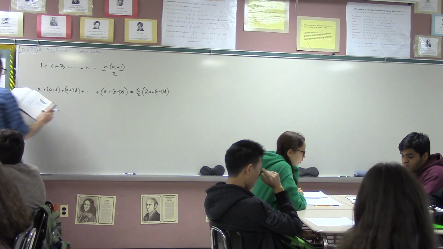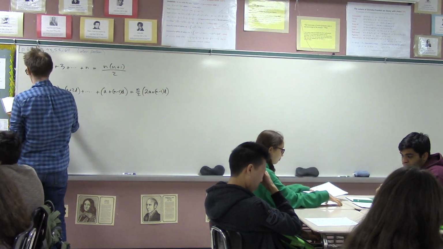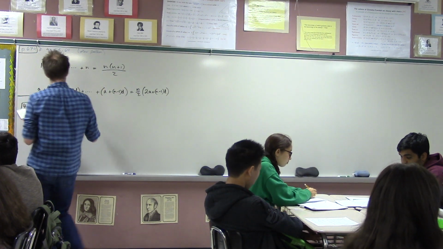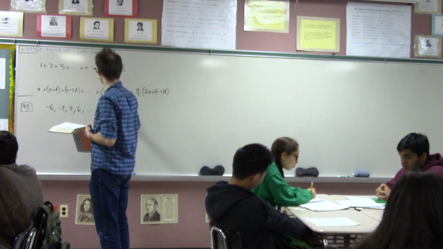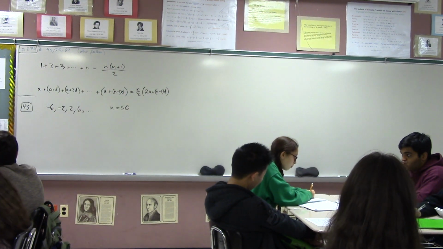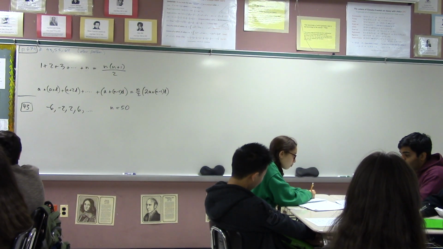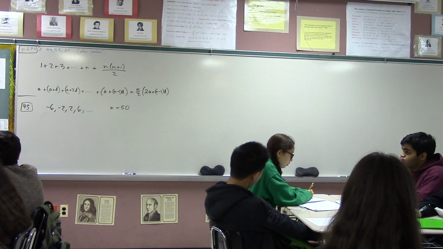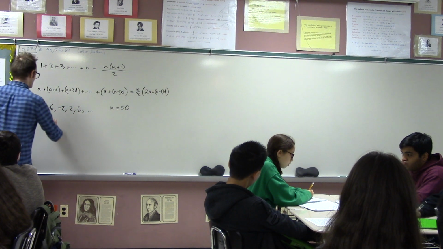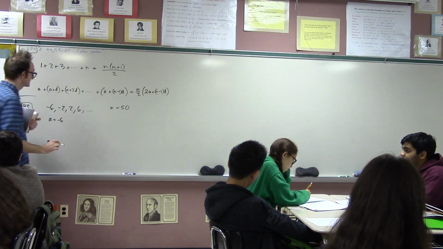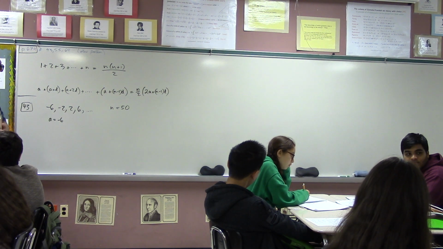Here's what it said. Take the following sequence, -6, -2, 2, 6, and find the sum. This is an arithmetic sequence, and it said find the sum of the first 50 terms. Alright, so this is basically just pure mindless formula application. I know that my first term is -6, and what is the difference here?